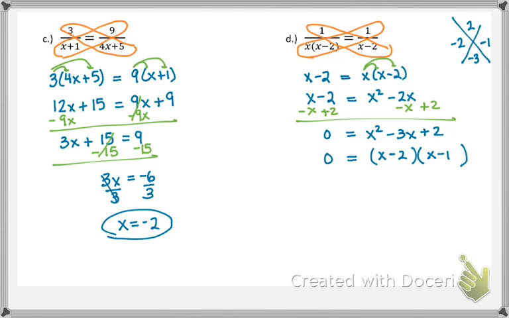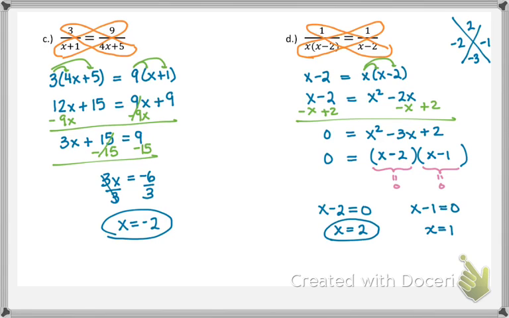And then once I factor, we're going to set each factor equal to 0 and set up our little mini equations. And we're going to have two possible answers. So x minus 2 equals 0 or x minus 1 equals 0. If x minus 2 was 0, x would be 2, add 2 to both sides, or x would be 1. So these are my two possible answers.